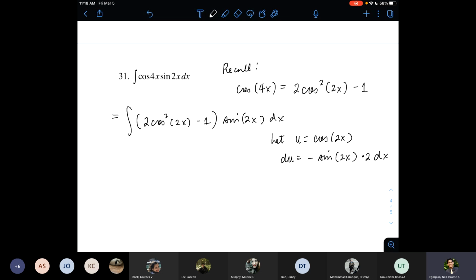So that means here I need to have negative 1/2, because sine 2x dx will be equal to negative du over 2. So I'll have a negative 1/2 in front, integral of 2u squared minus 1 du.